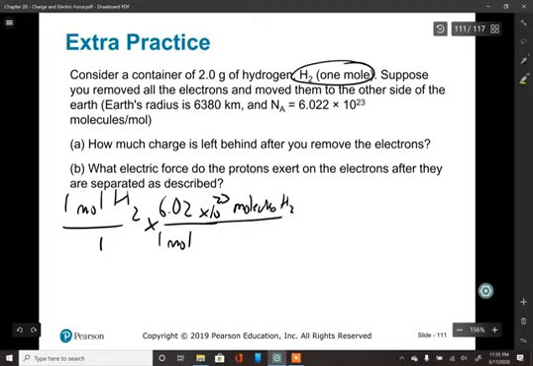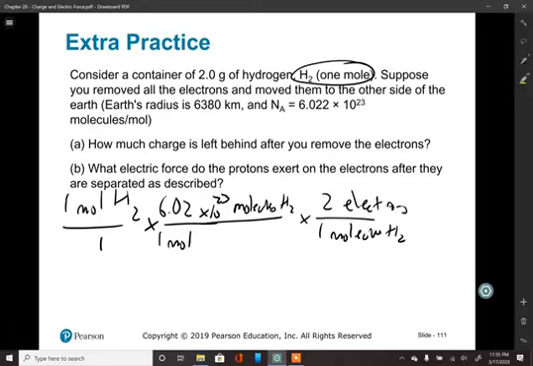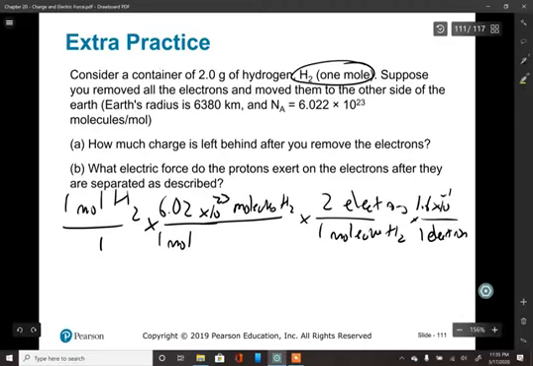That's Avogadro's number. And for every 1 molecule of H2, we have 2 electrons. But we also know how much charge every electron has. That's the fundamental charge: 1 electron is 1.6 times 10 to the negative 19th coulombs. That's all I did right here, just some unit conversions, basically.